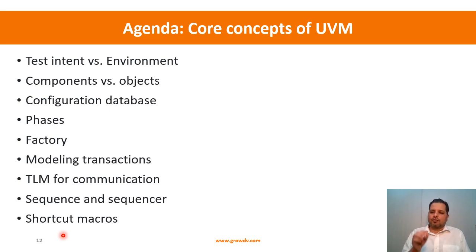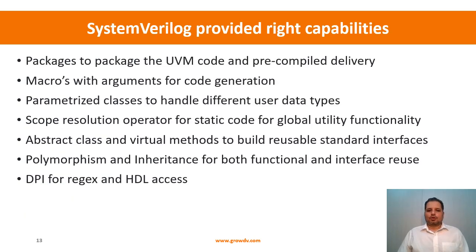In this session we will look at a little bit more detail of some of these concepts, but in the later sessions we will go deep into each one of these. So imagine that there was no clear-cut methodology possible with Verilog, for example, right? Methodology has become possible only with SystemVerilog, and that is because SystemVerilog as a language provides the right set of capabilities, right?